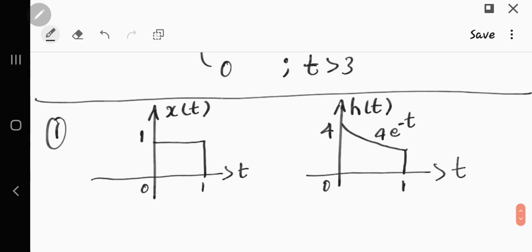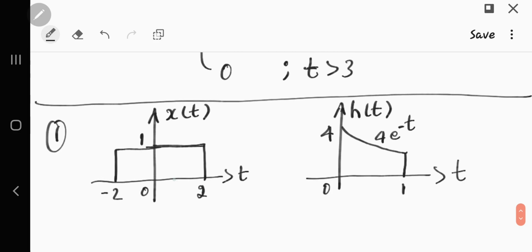And let me change this further. So to make things interesting, instead of this, let me try this one. x of t with amplitude 1 varying from minus 2 to plus 2, and here h of t is varying from 0 to 1.